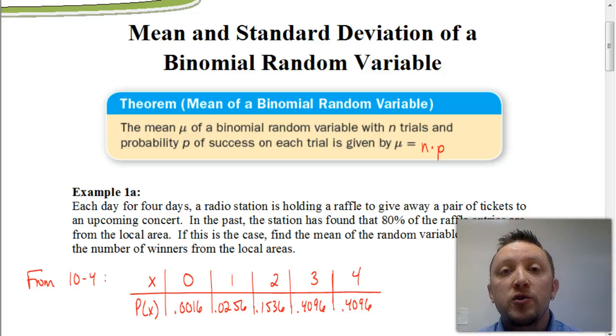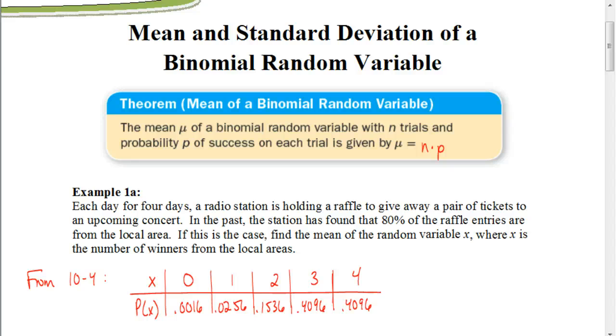These are situations where you have a P and a Q, a probability of a success and a probability of a failure. Other situations this would not work for, but it does work for situations involving binomial distributions and binomial random variables. So let's look at this simple technique and apply it to some situations. And let's see how much easier this is than the method that we learned previously.